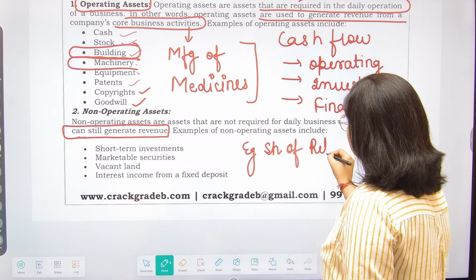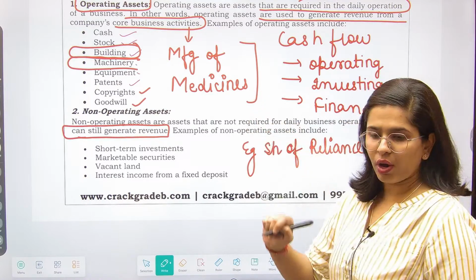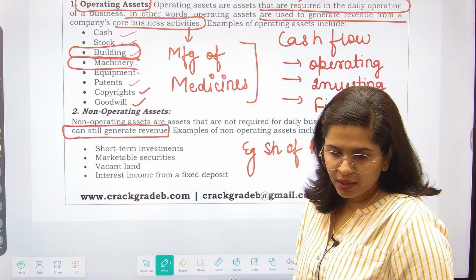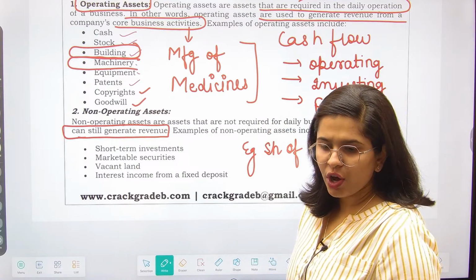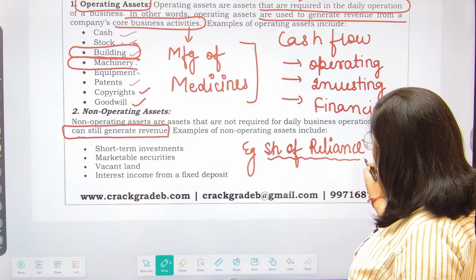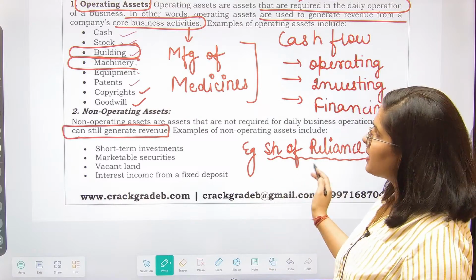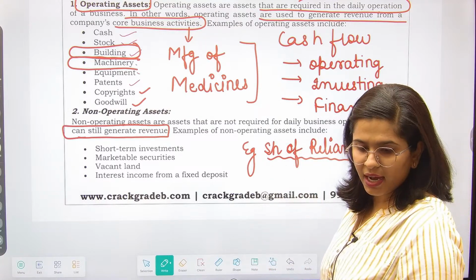My business has invested in the shares of Reliance. अब मेरा business तो medicines का है, right? My business is of medicines, but I have invested into shares of Reliance, correct? So that will be considered as a non-operating asset.